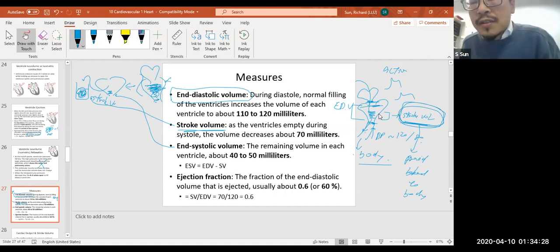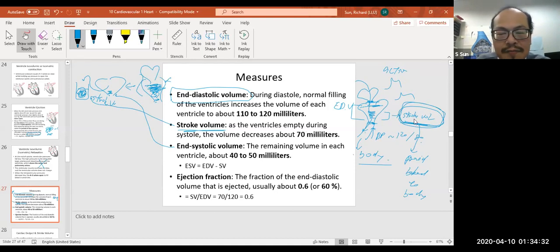What's more important is what's pumped out. And if we don't have the atrium contraction, we still have the filling, it's just not that much. However, when the ventricle contracts, the stroke volume is still good enough to provide the body function.